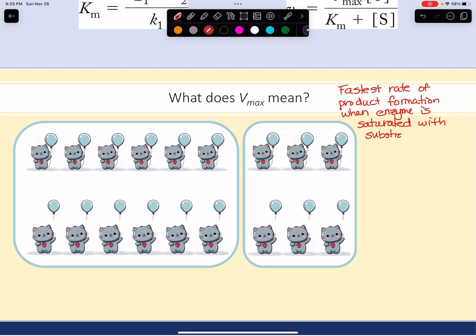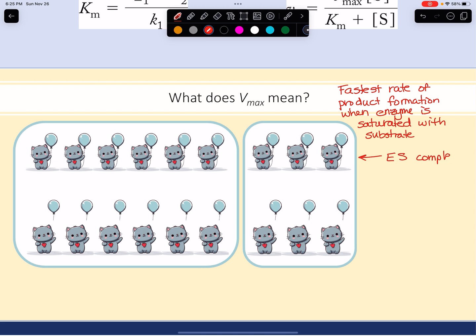Let's assume that each one of these cute little kittens is an enzyme molecule. What you see in the top row here, when the cat is holding the balloon, that's the enzyme substrate complex.